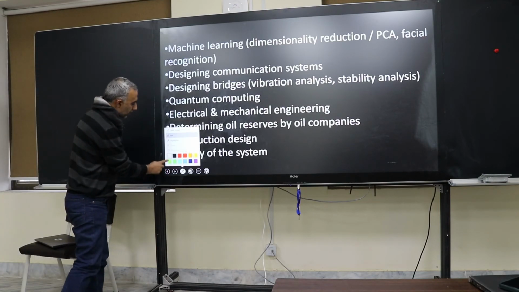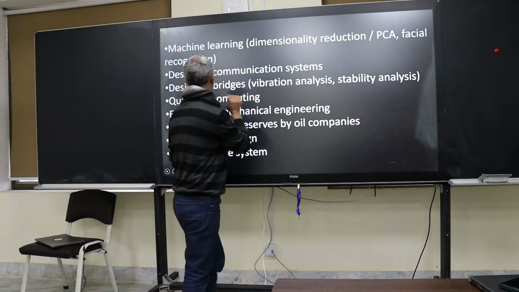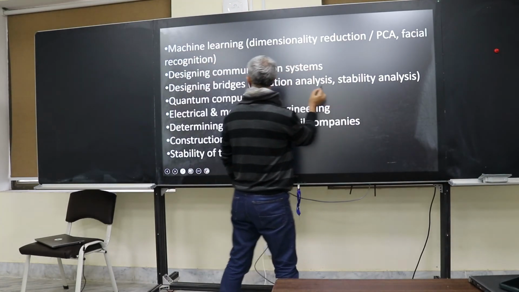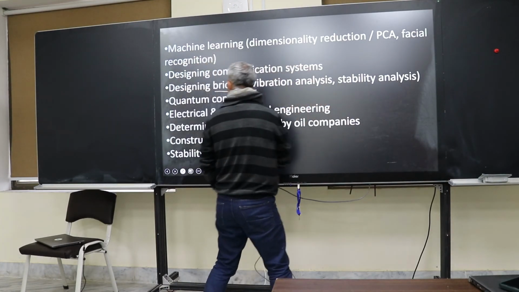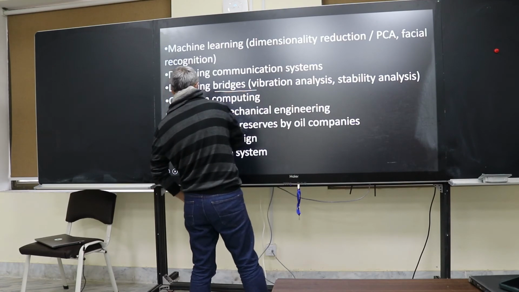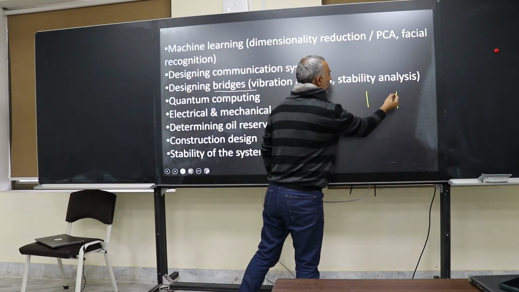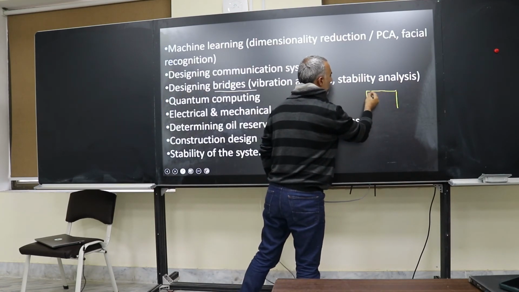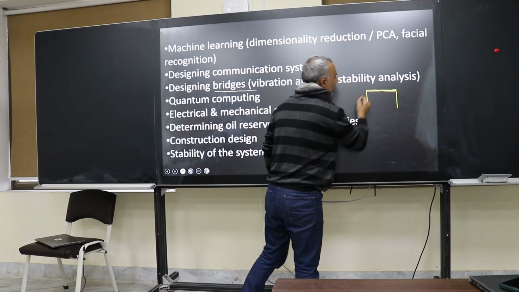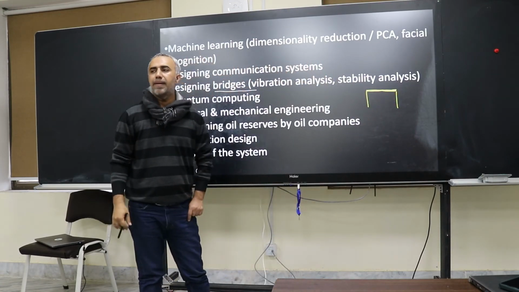I will not explain too many things, but here, bridges. For example, you are talking about some bridge. There are two pillars and a slab here.